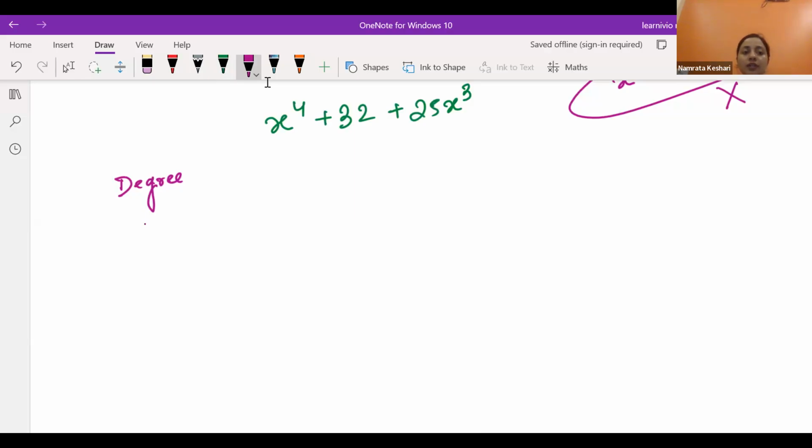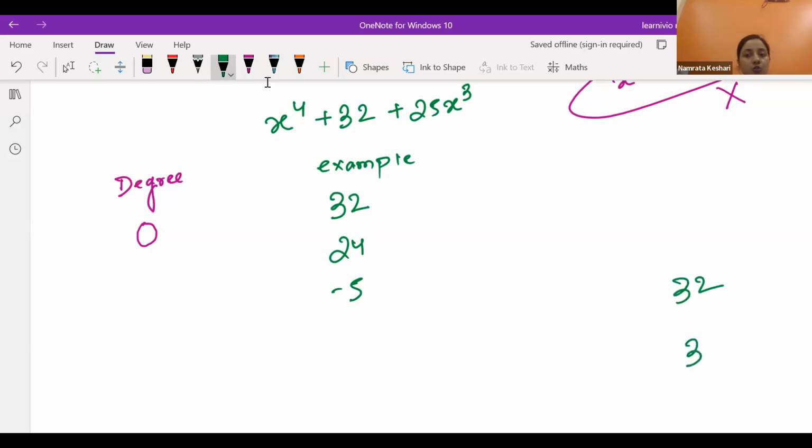You have learned when the degree of the polynomial is 0, the name of the polynomial. For example, the polynomial will look like just 32 or maybe just 24 or maybe just minus 5. Why? Because when we are having only 32, we are thinking of it like 32x to the power 0.